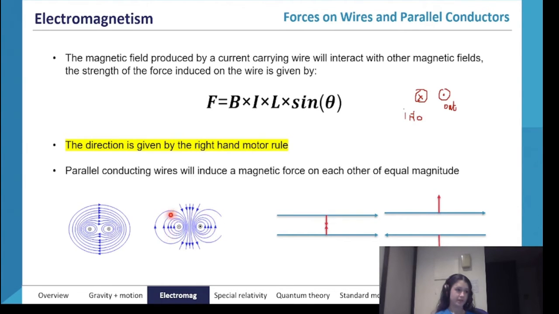As you can see, the forces are going to oppose one another, because at this point, as a result of this wire, the force wants to move in this direction.